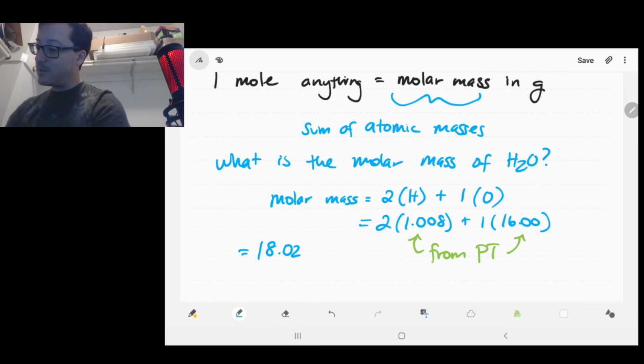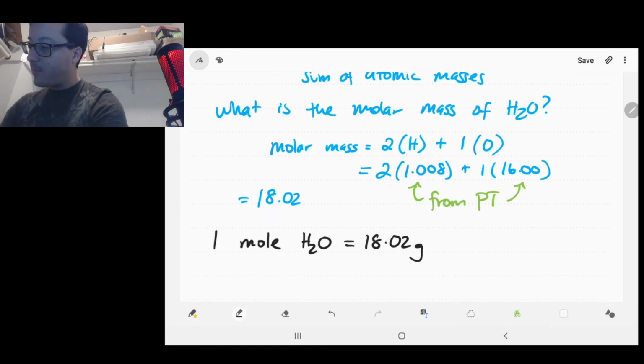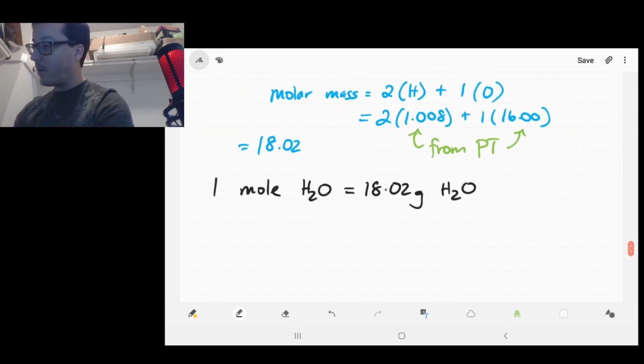And what is important about that number is it tells us that 1 mole of water is equal to 18.02 grams water. Or if you were truly crazy, which we probably are because that's why you're taking chemistry, right?